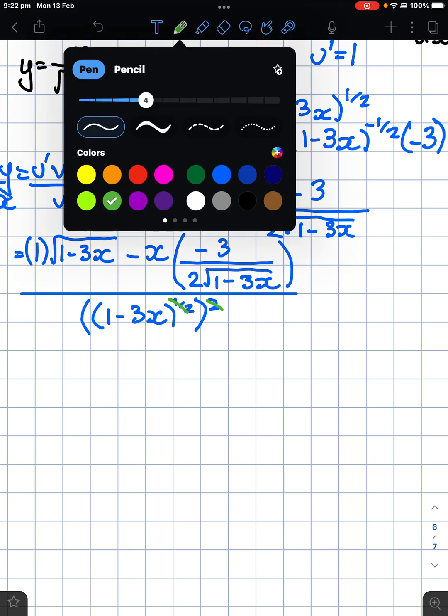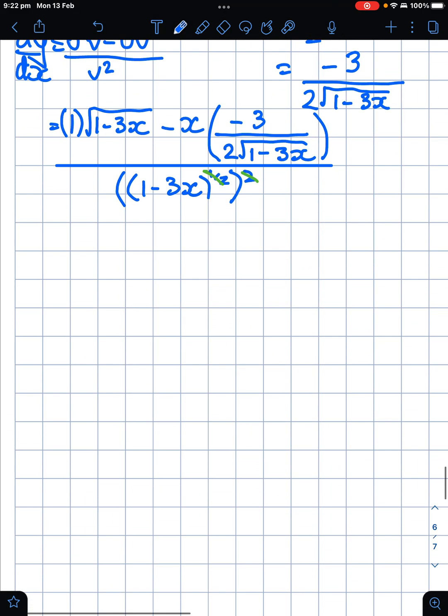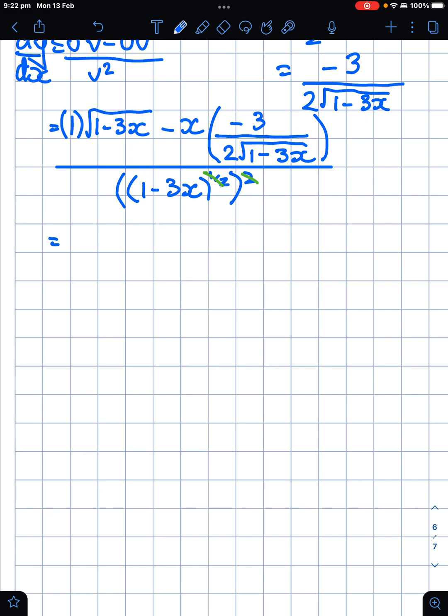So we're going to be left with, our next line here, root 1 minus 3x, minus, plus 3x all over 2 square root 1 minus 3x.